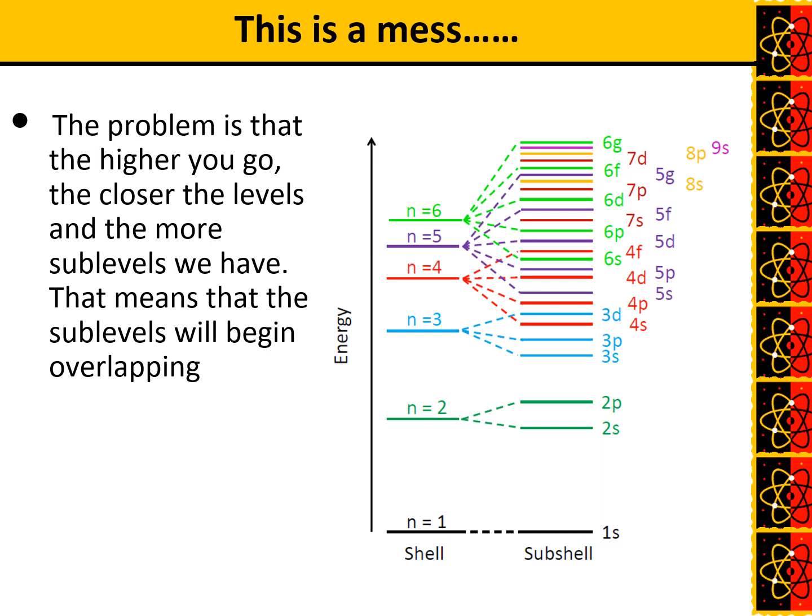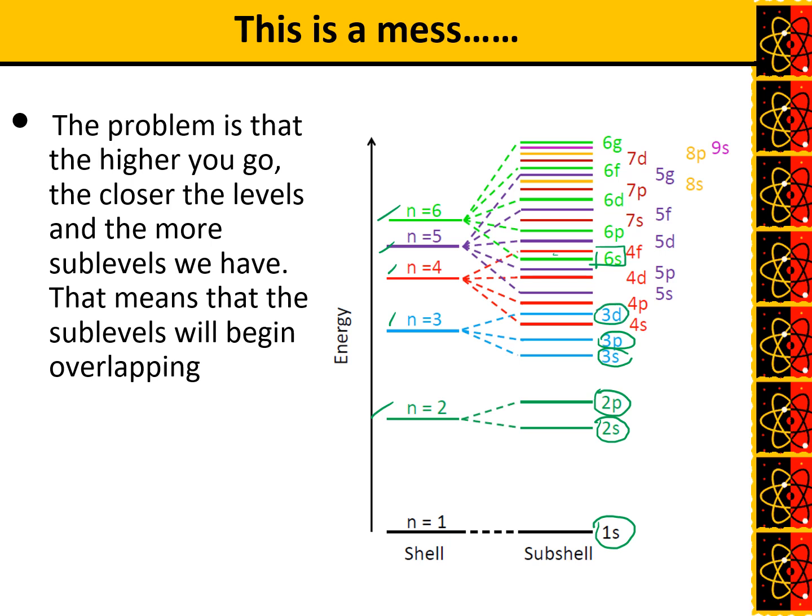This is the problem a little bit closer. When you go up in the energy levels, the levels are going to be closer and closer. Do you see that they are closer and closer? And they are going to have sublevels. Those sublevels are going to be filled in a certain order. So for example, first I'm going to fill the 1s, then the 2s, then the 2p, then the 3s, the 3p, and the 3d.